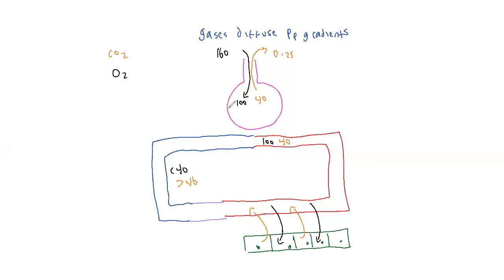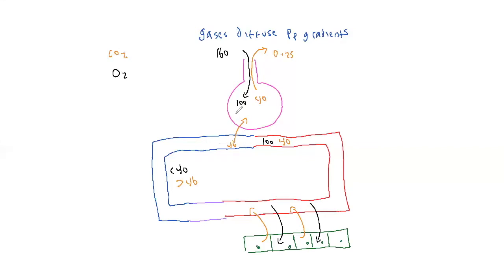So what's going to happen is that when we get back to the alveoli, so I'm going to draw this, we have 46. That's going to diffuse into the alveoli because the carbon dioxide concentration in the venous blood is higher than the carbon dioxide concentration in the alveoli. And it's going to diffuse until it reaches equilibrium at 40 millimeters of mercury.